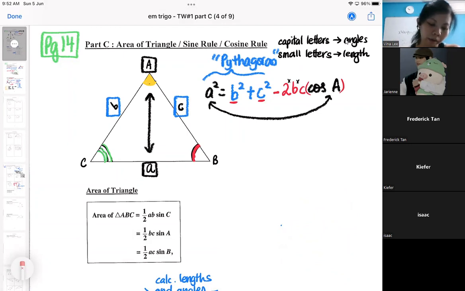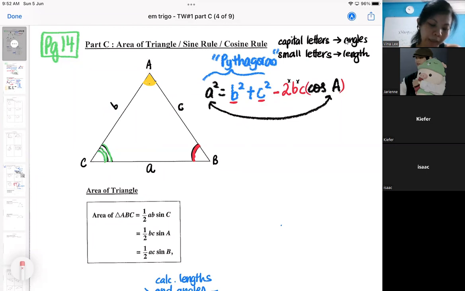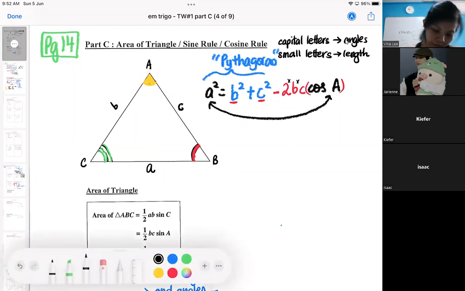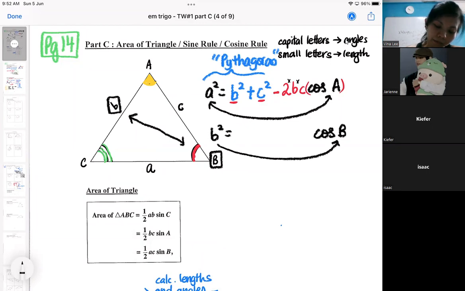Okay, so I'm going to erase the arrow for A. Now I'm going to arrow B. I'm going to start off with B squared, and then that will be connected to the cosine B at the end.